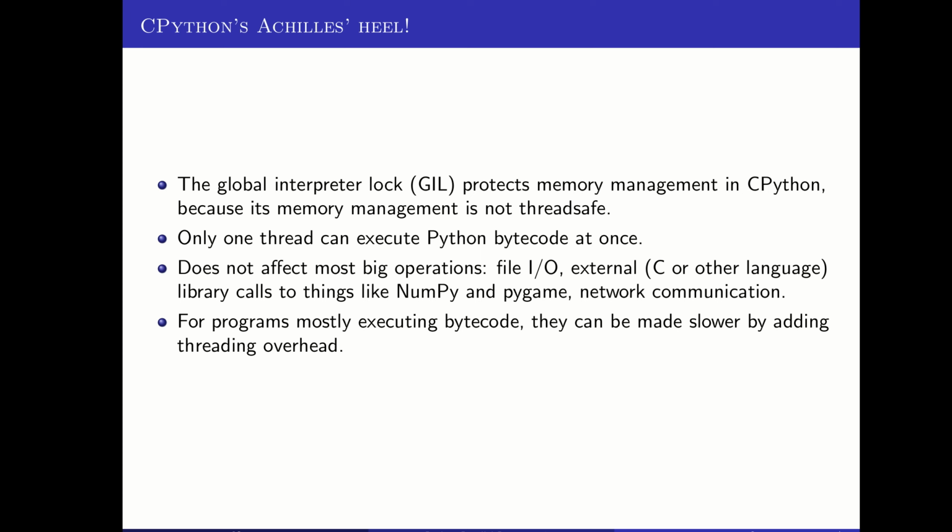And the scheme that it uses for garbage collection has this system to protect the memory that Python is using at any given time. It has what is called the global interpreter lock.